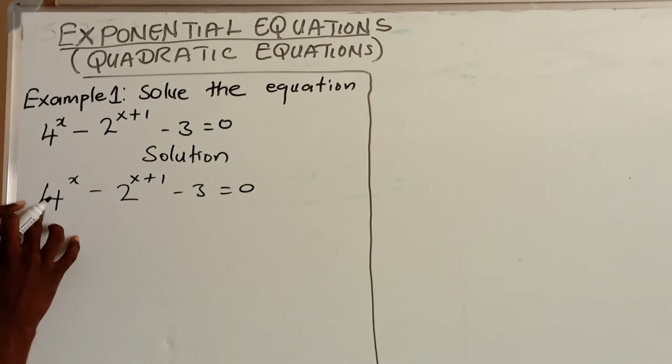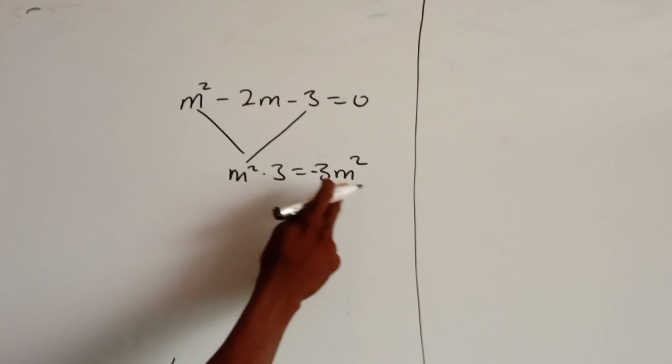So you multiply m squared times 3, it will give us 3m squared. So you find two numbers which, when you multiply them, give you 3m squared. Mind you, this has a minus and this is a plus, so minus 3m squared.